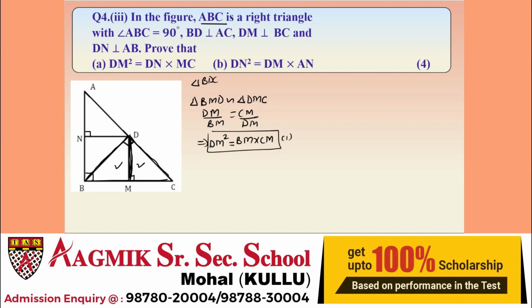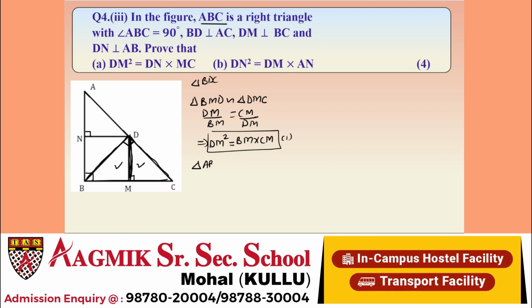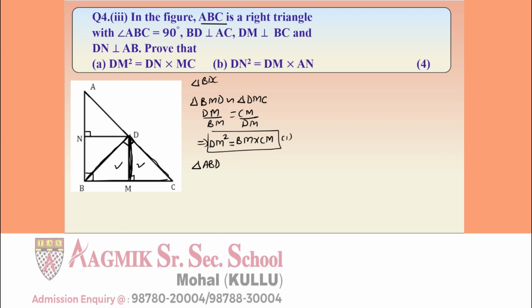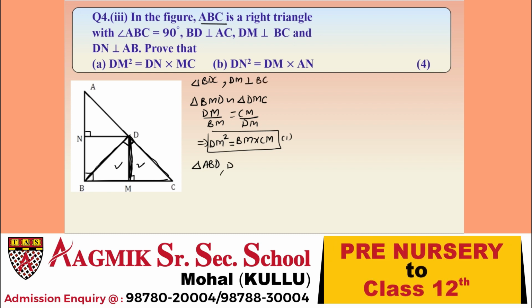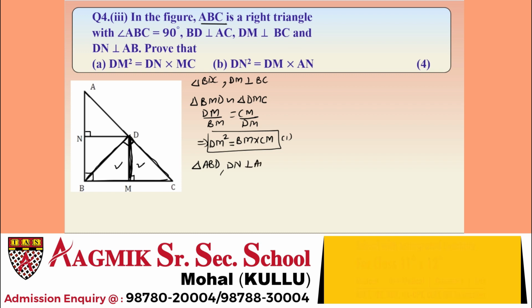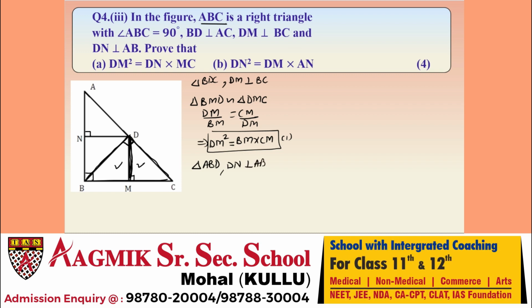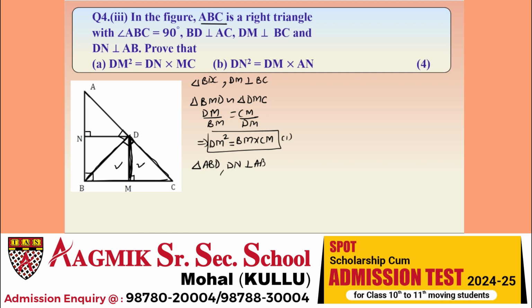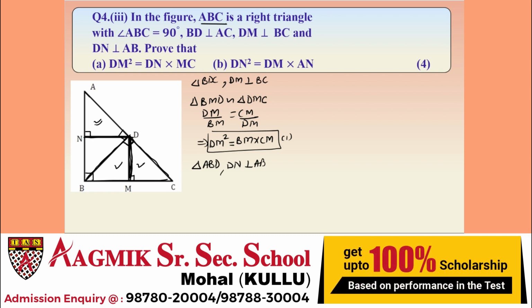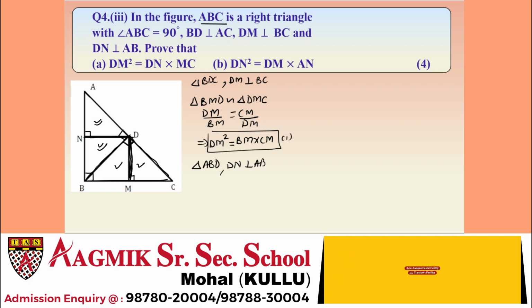Now similarly we look here in triangle ABD. Like in triangle BDC, where DM was perpendicular to BC, in ABD we have DN perpendicular to AB, and also this angle is 90 degrees. So this itself is a right angle triangle ABD. Again from the vertex, if you drop a perpendicular on the opposite side, then these two triangles formed would be similar to each other.